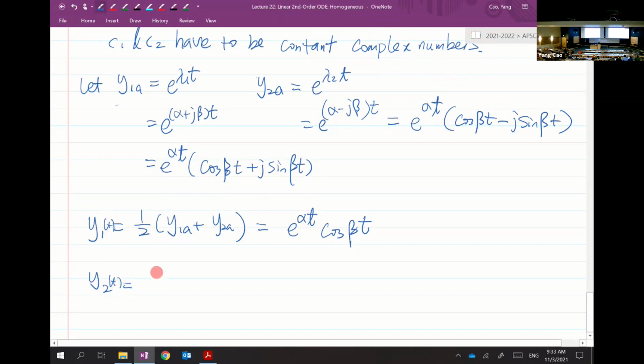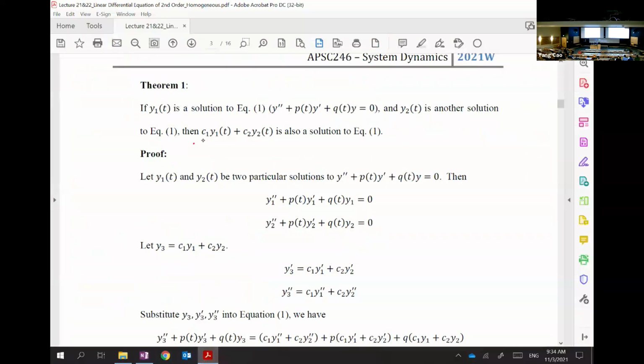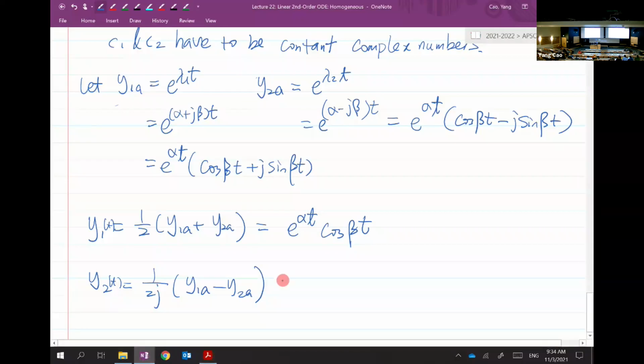For the next particular solution, we use the first one minus the second one, and then divide by 2j. You might argue, how could you divide by 2j? The theorem never says this is a real constant, it just says a constant, so you can certainly do that.